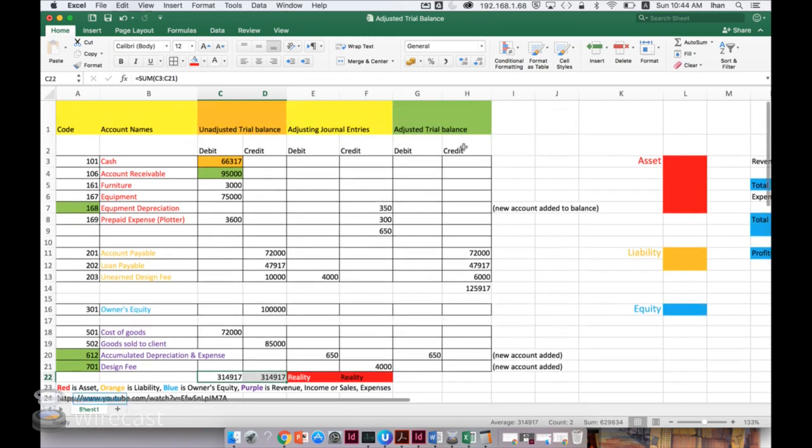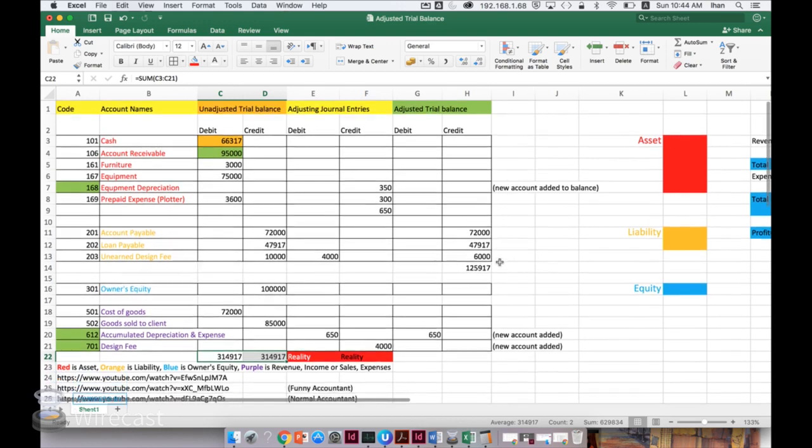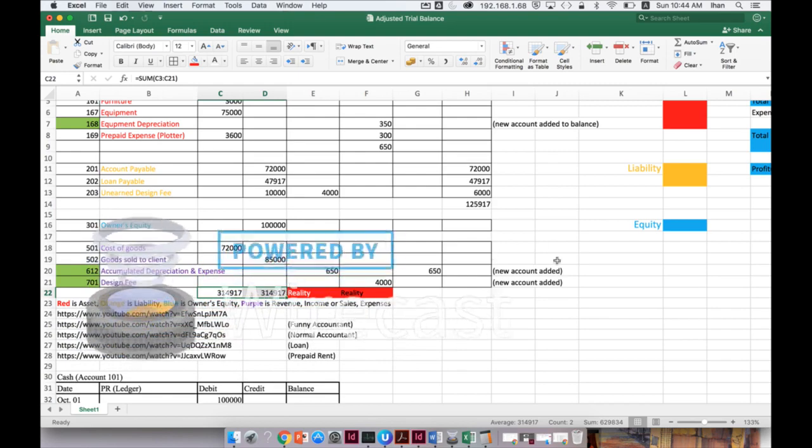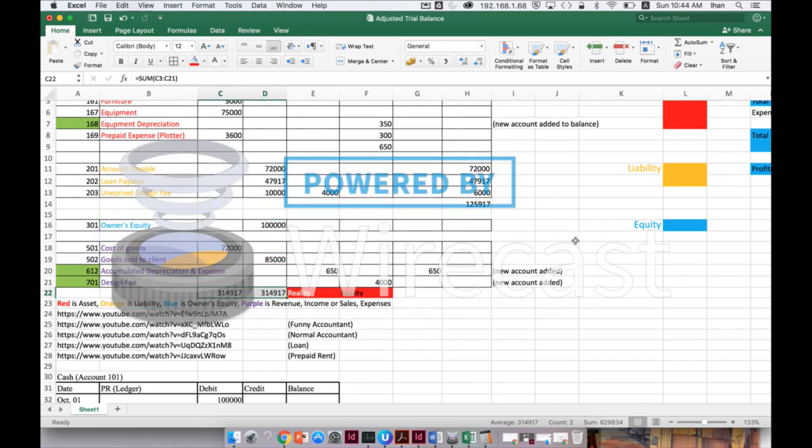These two columns are the reality at the end of the month. So at the end of the month, if you did a good job, you will see in reality how much is your asset, how much is your liability, and how much is your owner's equity, and whatever is here is actually going to be your profit.